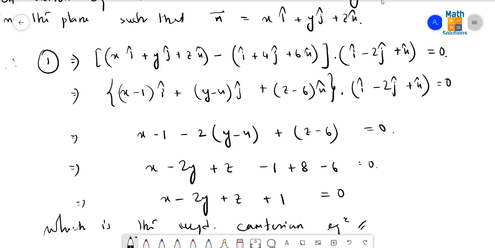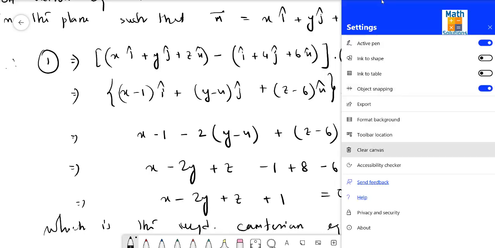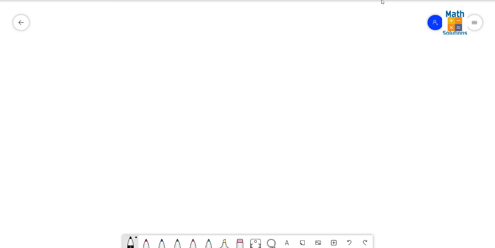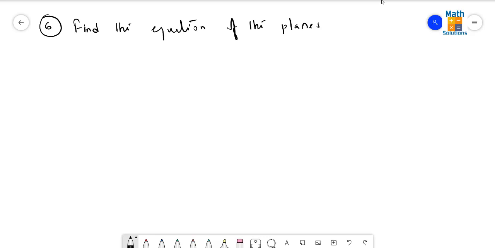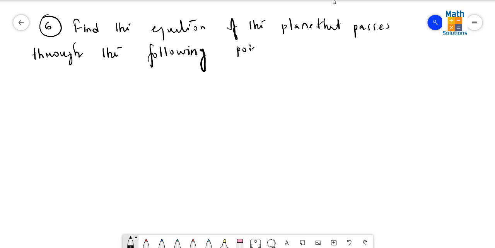Next, coming to question number 6. So in question number 6, what is given? Find the equation of the plane that passes through the following 3 points.